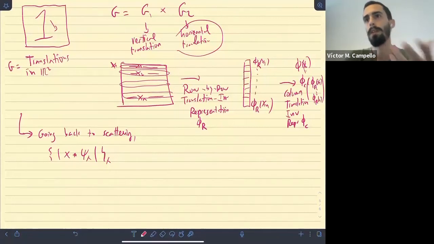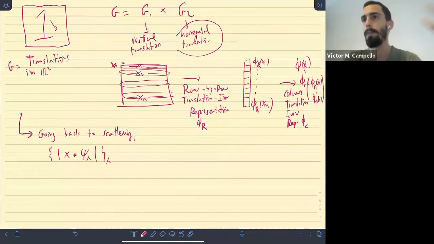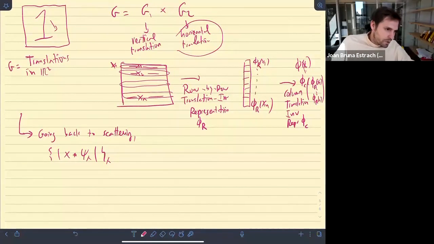If I criticize this construction as saying, okay, but because you are constructing this as a composition of two transformations, and then you are mixing or separating these two translations, when you were thinking of translations as a whole.